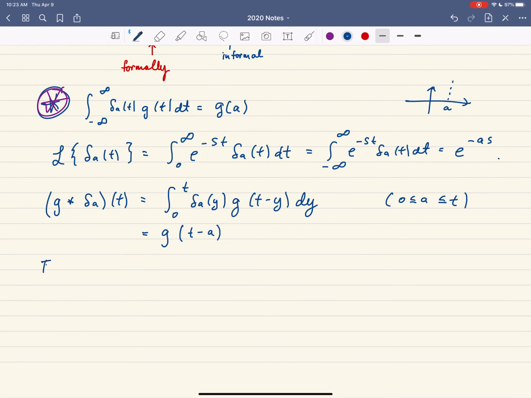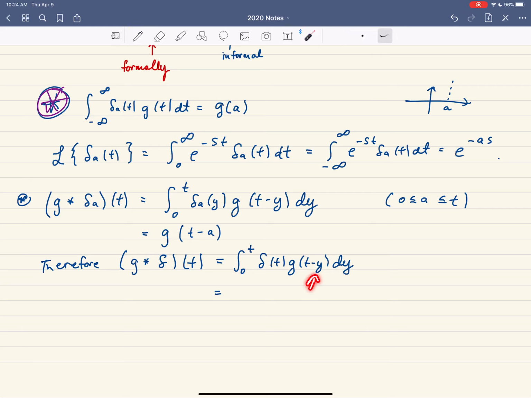And so therefore, if I were to take the unshifted delta function, what would happen? Well, by the same calculation, we'd have the integral from 0 to t, delta of y, g of t minus y, and what we're going to get is this function g at y equals 0, and you get g of t.